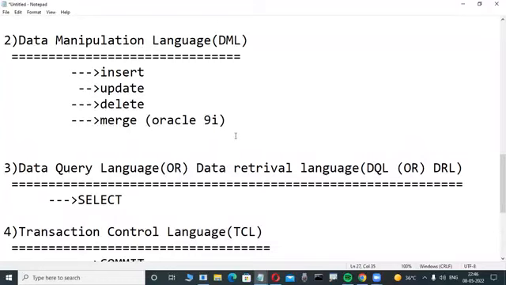Within the brackets, write these names also. DML: insert, update, delete, merge.